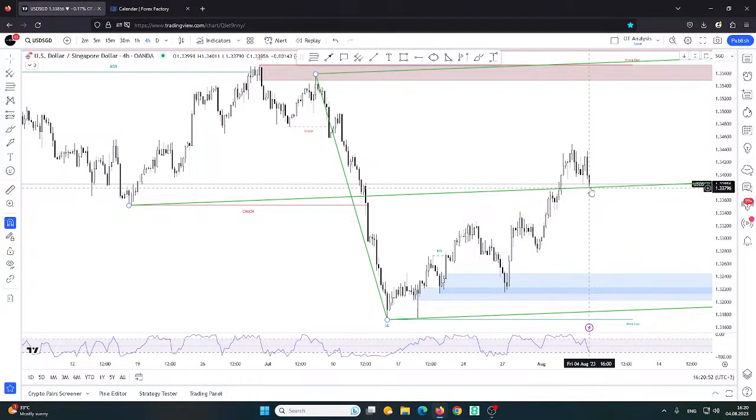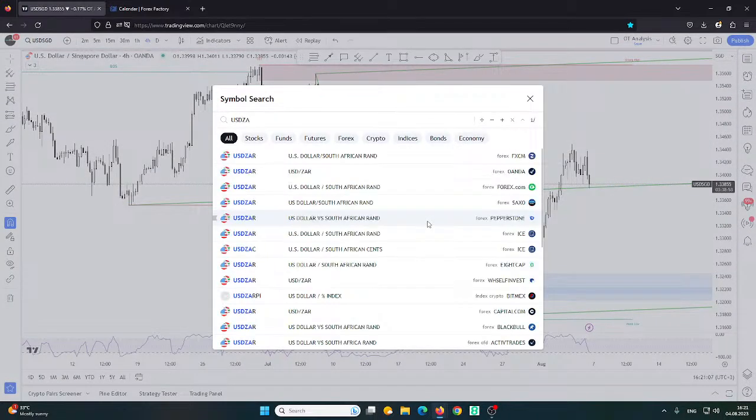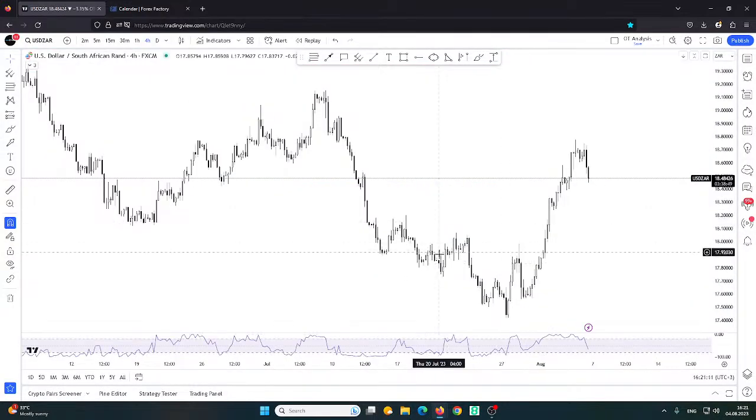My medium line of the ascending pitchfork. If it stays above the medium line, maybe I will look for potential longs. I don't know, but it depends if I will have a high probability trade.